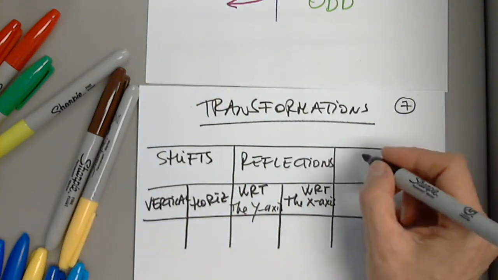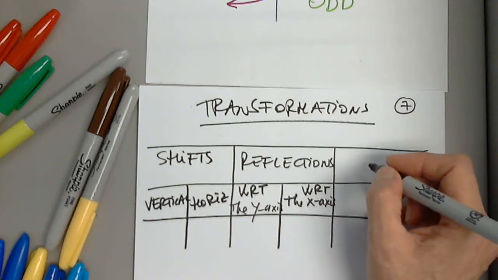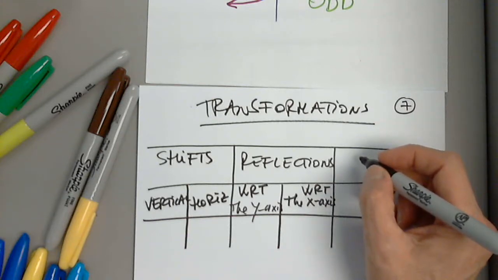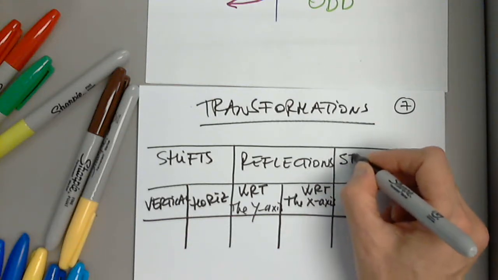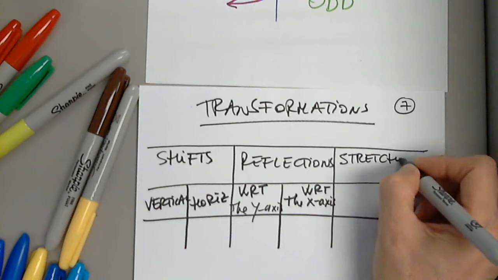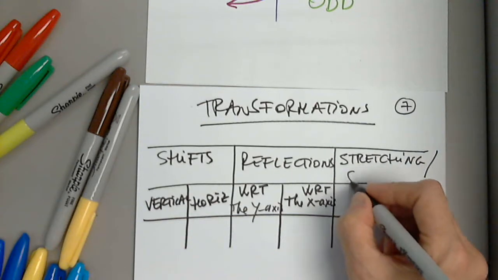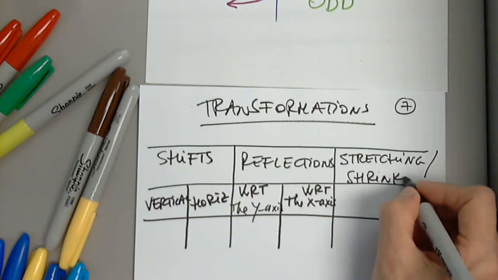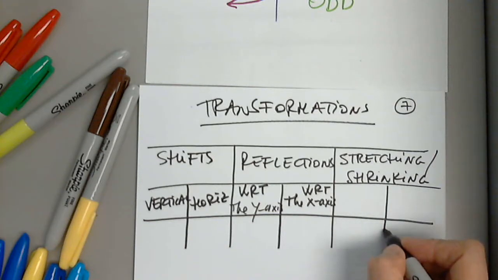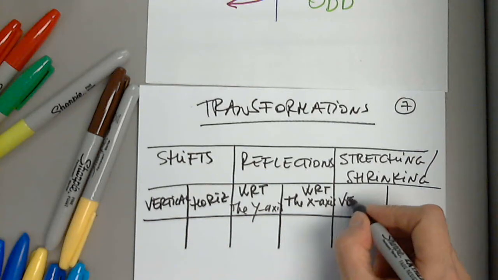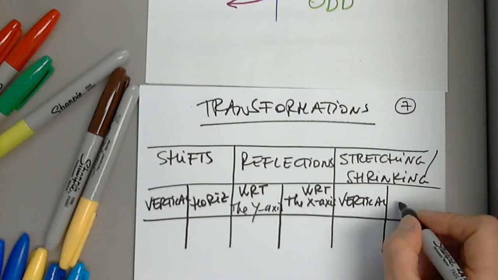Last one has 2 names, stretching slash shrinking. 2 types, vertical, and of course, horizontal.